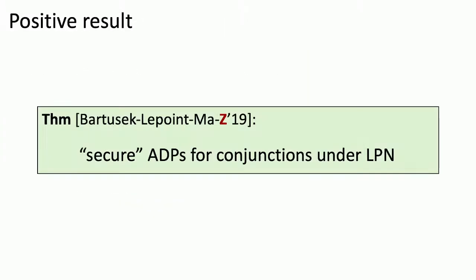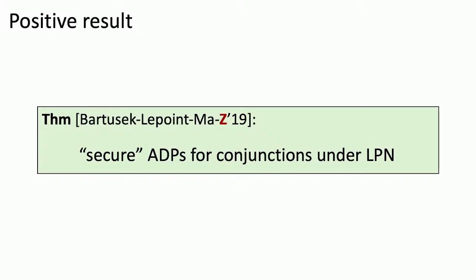On the other hand, we do have a positive example. This actually predated this paper on ADPs, and we didn't talk about it in this language, but we showed a different, though closely related, method for constructing secure ADPs for the specific case of conjunctions, just an AND of a subset of input bits.